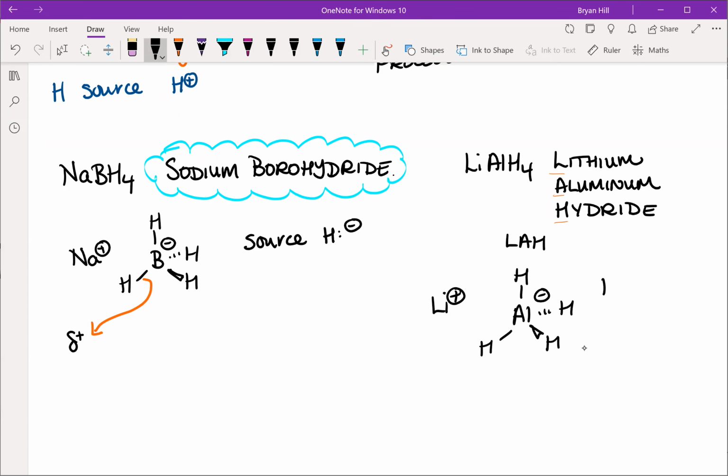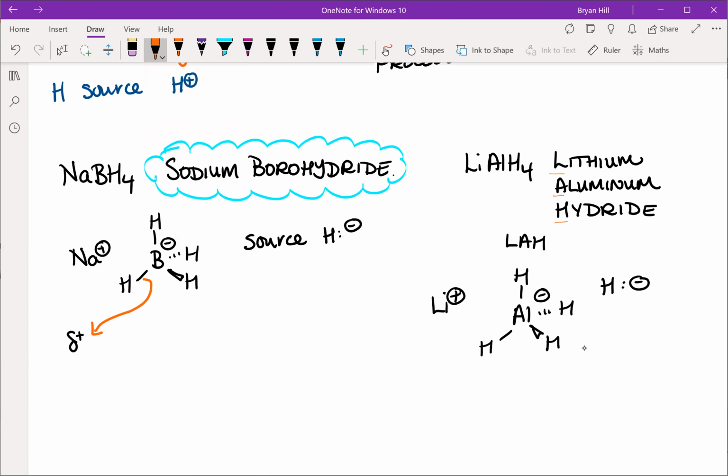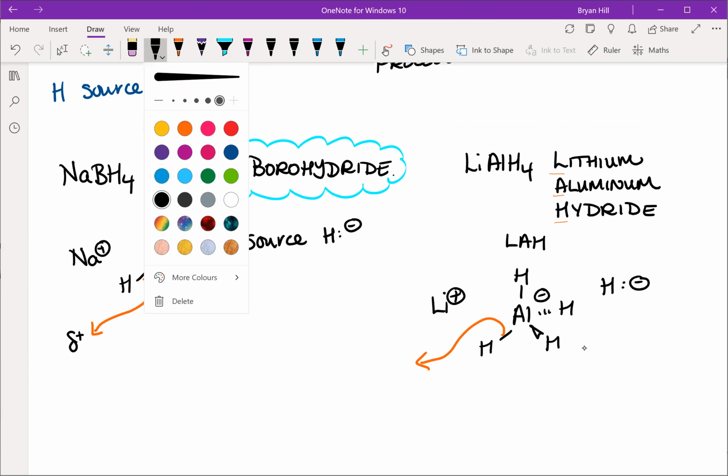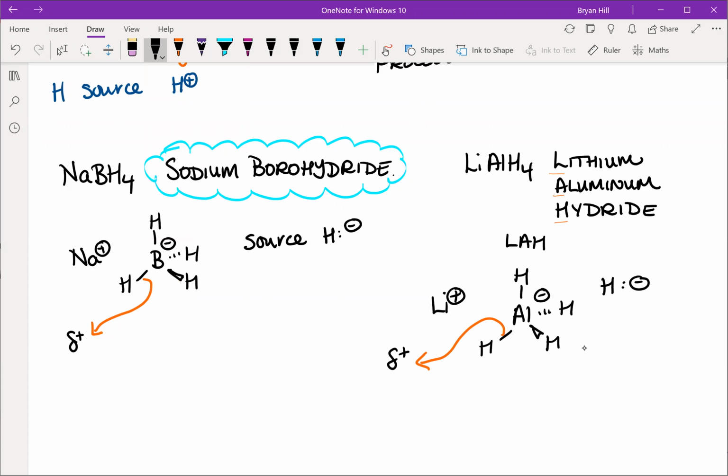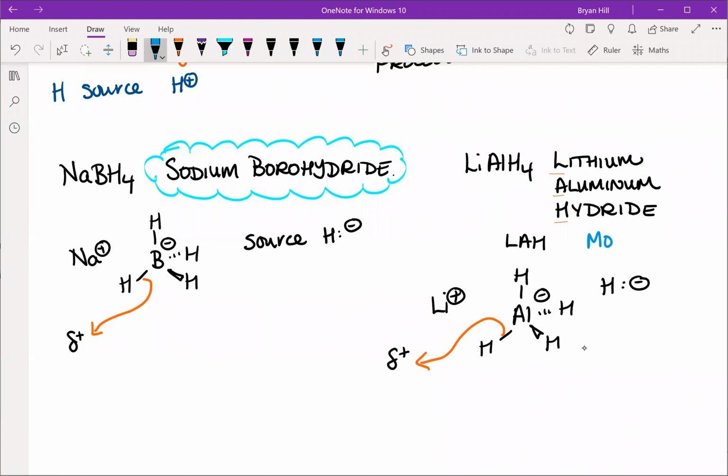And so again, this is a source of H minus, and as we did before, these electrons are going to go and attack some delta plus. Now, of these two reducing agents, the lithium aluminum hydride is the stronger one, the more powerful.